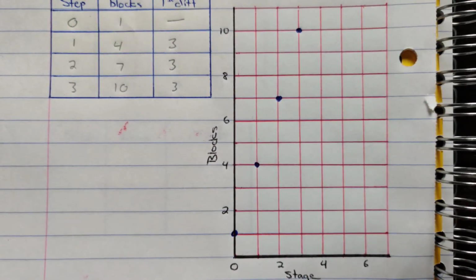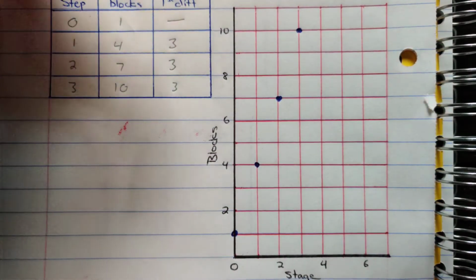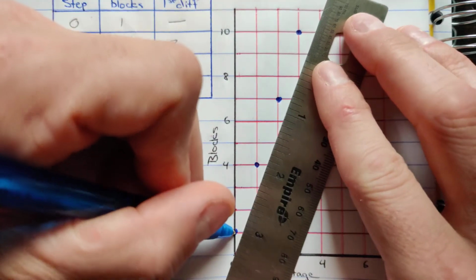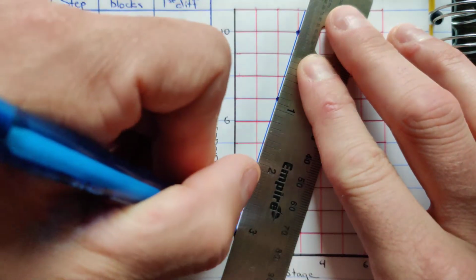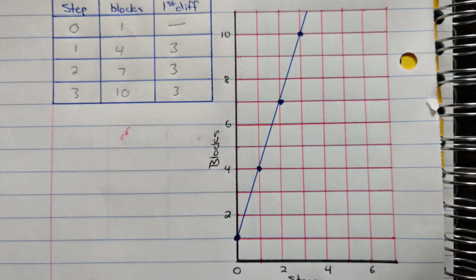We have our points laid out, and then we'll connect the dots, and we get a linear growth, something like this.